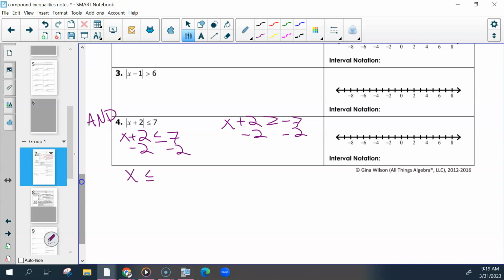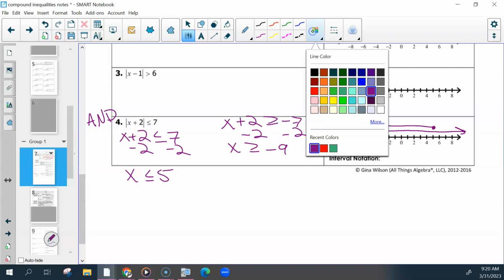If x is less than or equal to 5, and x is greater than or equal to negative 9. So if this is an and, they should overlap, but let's just make sure. So greater than or equal to negative 9. Start at 9 and keep going to the right. Less than or equal to 5 would start at 5 and keep going to the left. So they do overlap. It is an and.